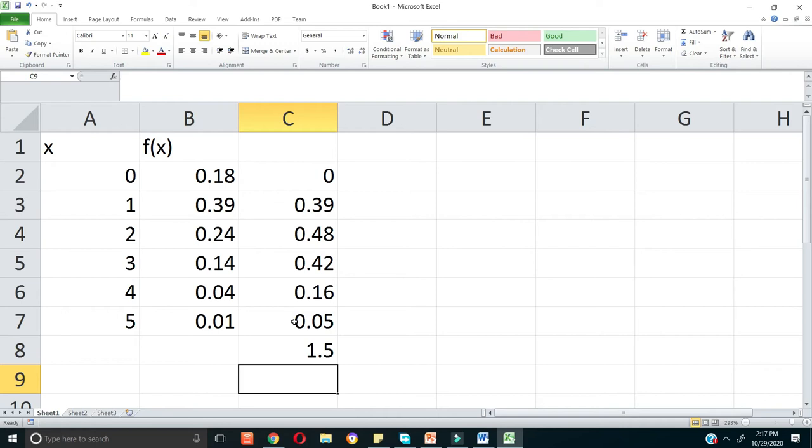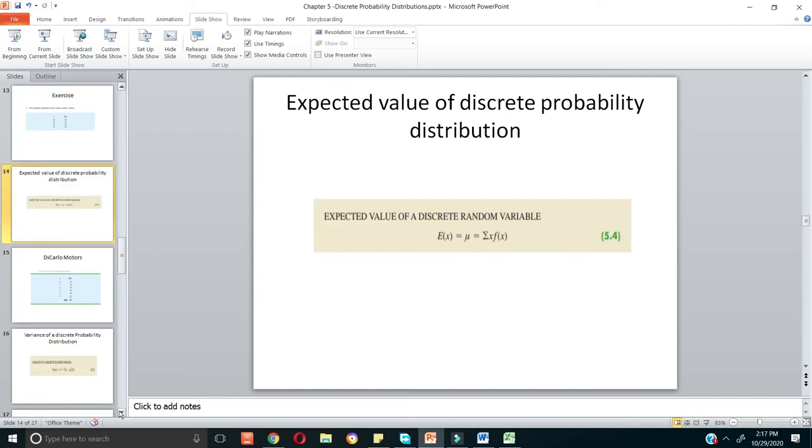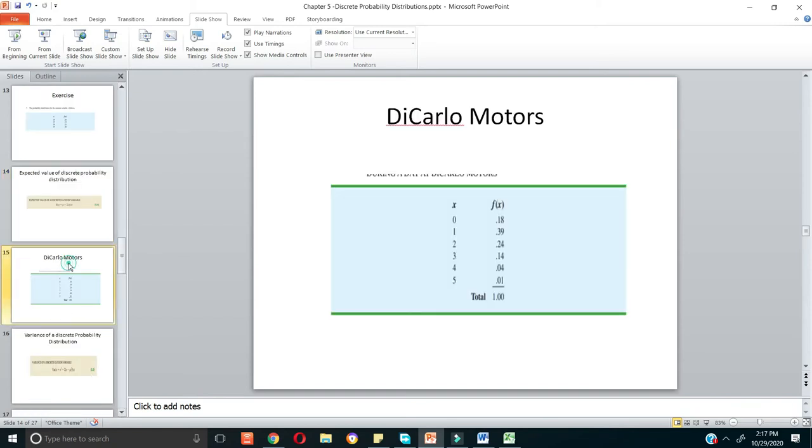So that means on any given day, without any other information, we expect to sell 1.5 cars. That means in 2 days we expect to sell three cars, and so on and so forth. So this is how you use this given the previous information that you had.